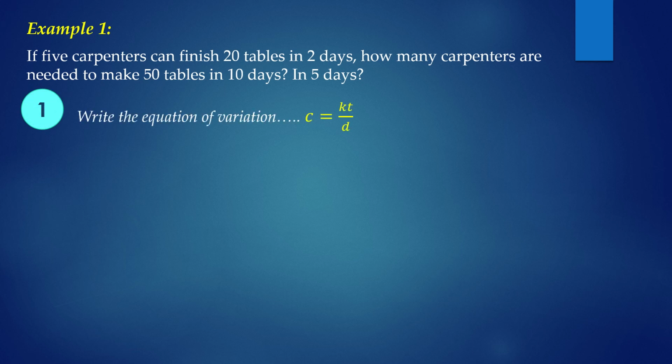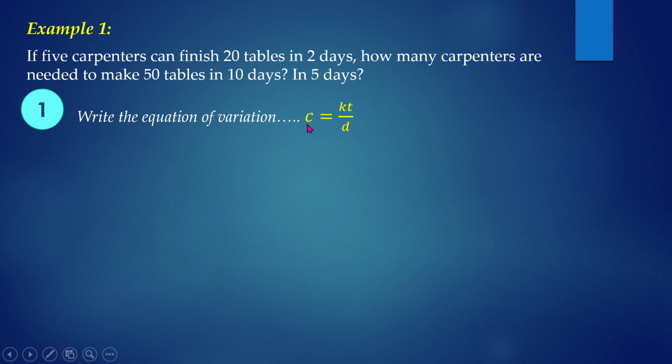First step, write the equation of the variation. Carpenters C is equal to K times T. Kung saan ang T? The number of tables. 5 carpenters can finish 20 tables in 2 days. So, ang mga variables or quantities involved, ang carpenters, ang number of tables, and the number of days to finish.